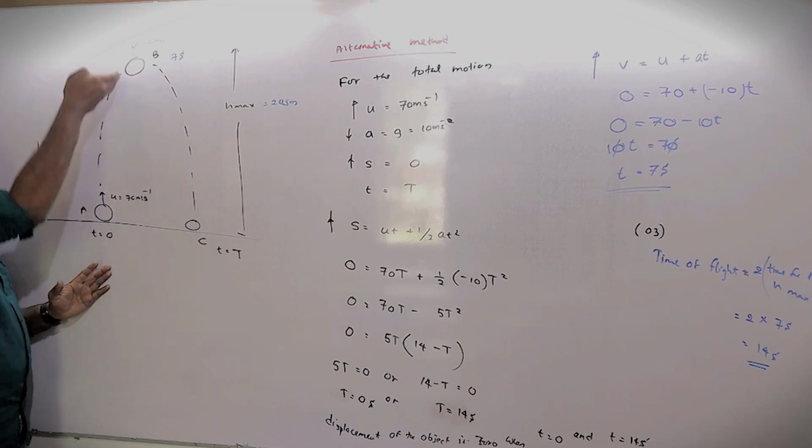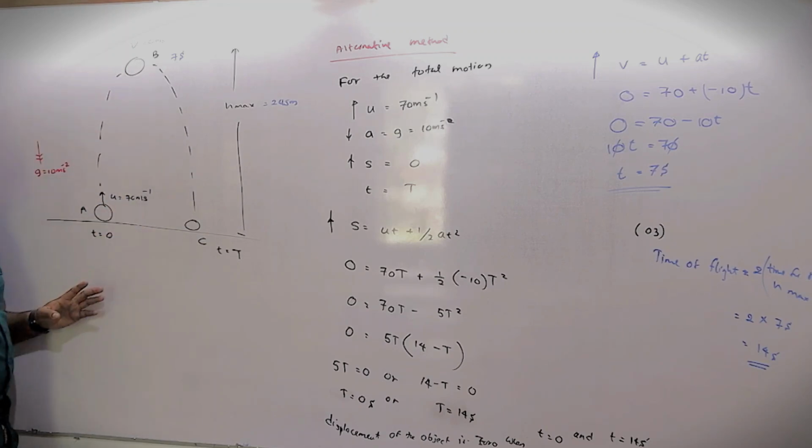Distance will be addition of for the h max, two times the h max.